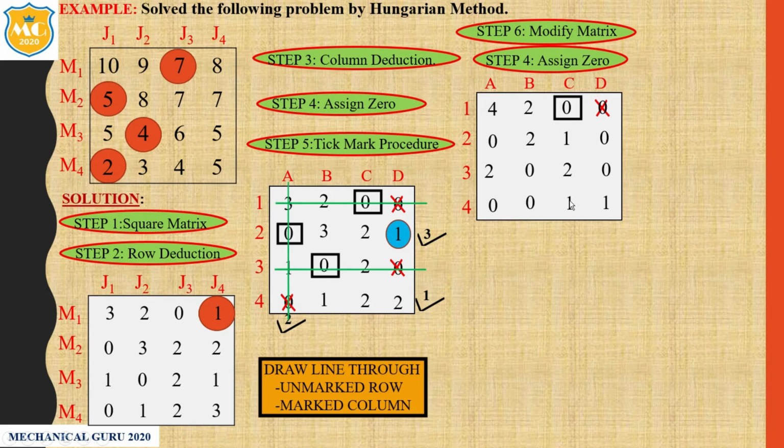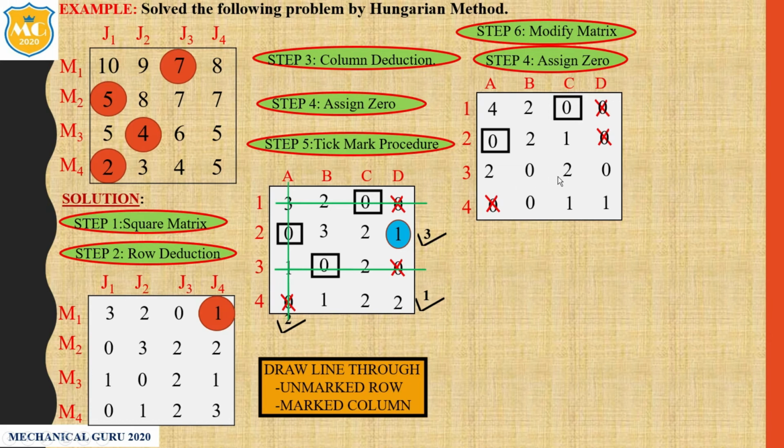Now here in the second row there are 2 zeros, so in that we can choose any one. So here first we select this. Okay, so in that column, is there any 0? Yes, so cross it. Also in the row and column, cross both.